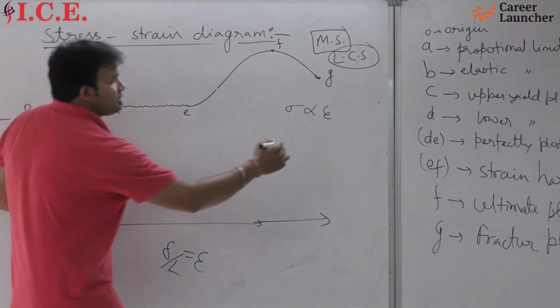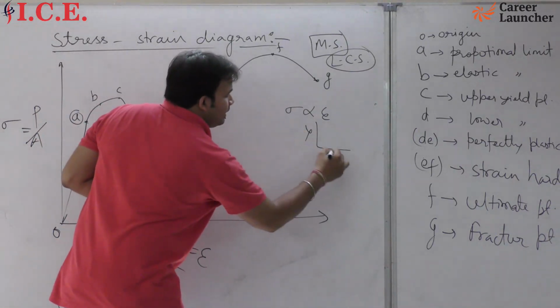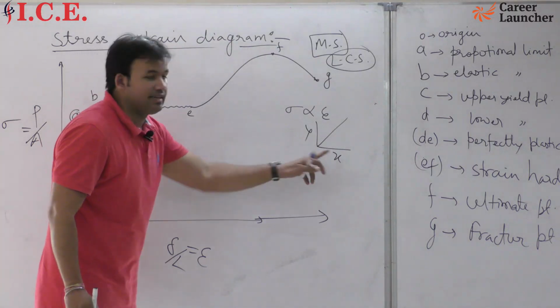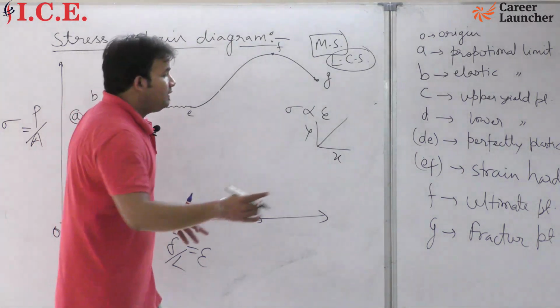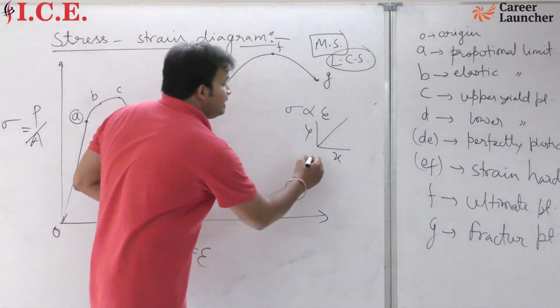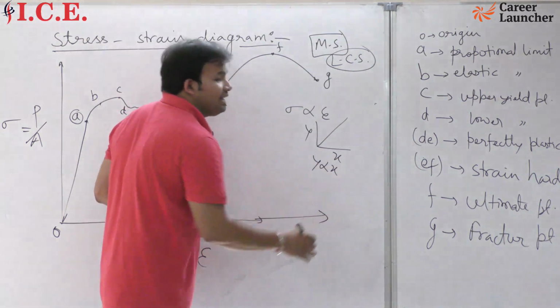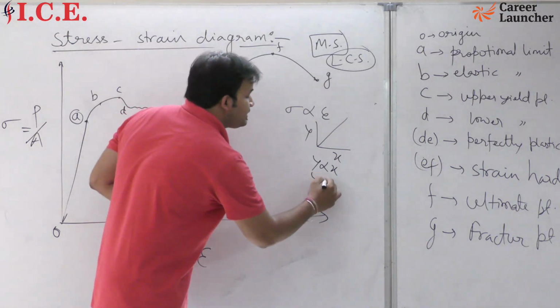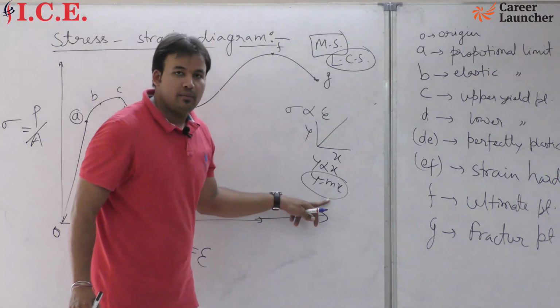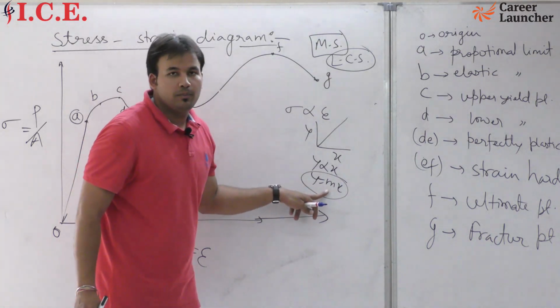Why? Because if I make a line on the y and x axis, and I ask what the equation of this line will be, then you will say, sir, this equation will be y directly proportional to x, or y is equal to mx. Why? Because this is the equation of a line where m will be your slope.